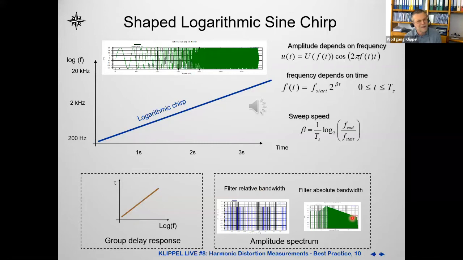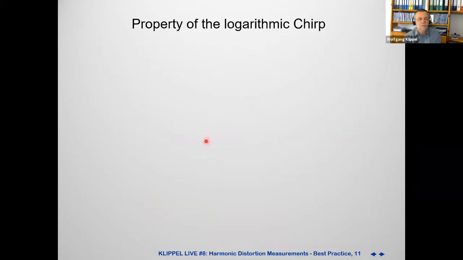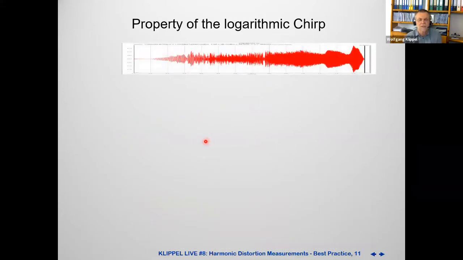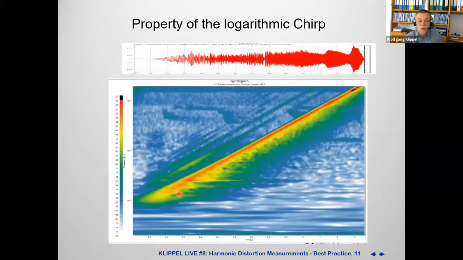Okay, that's quite nice. So it simulates, if you like, a dense audio signal, but keep in mind at a certain time we have only one frequency. Okay, we have some very nice properties of the logarithmic chirp. Here you see the time frequency analysis, such a spectrum.